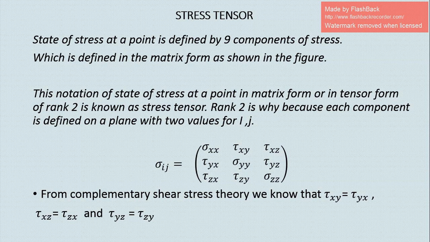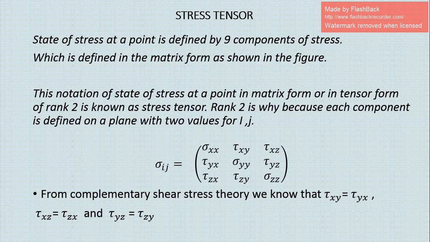Rank 2 came because of the values of 2 variables in tau ij. I and j will be having x, y or z, like xy or xz or yz. So since 2 variables define the stress components, it is known as rank 2 tensor.